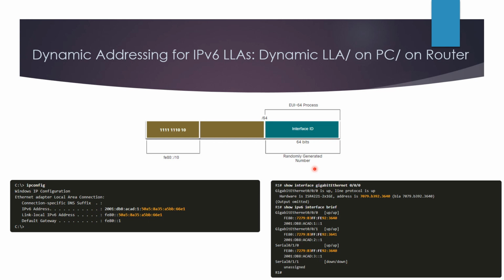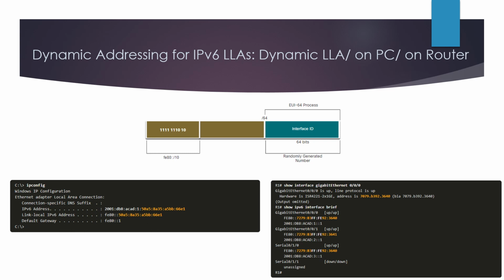This address is used to dynamically create the link local address on the same interface and also on the serial interface too. As you can see here, you may be able to understand how the IPv6 addresses are created for each of those interfaces. And as we mentioned, on the Cisco router, all are created by using the extended unique identifier 64 to generate the interface ID.